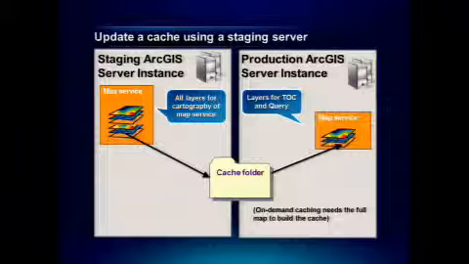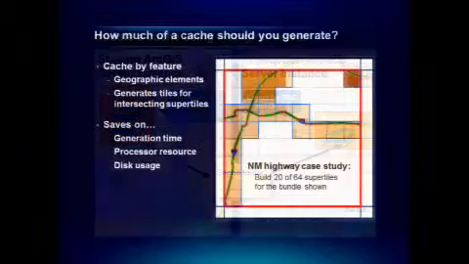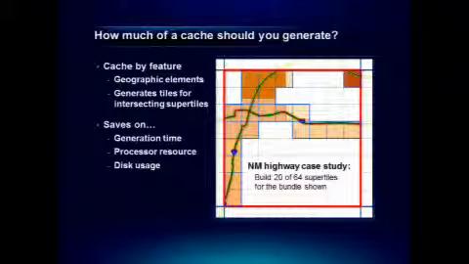If you've ever built a base map, you can end up with lots and lots of layers in that map document, and you may not want to serve that out with the cache service. So you can reduce the number of layers, put that map on your production server, but have it use the exact same caching folder.